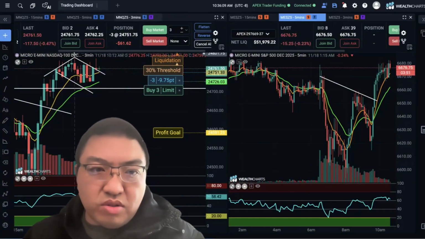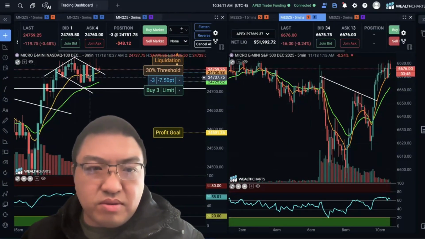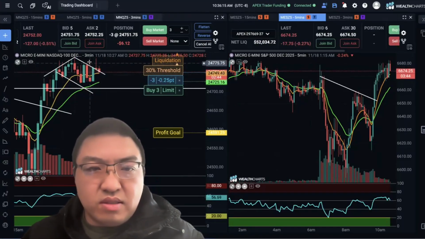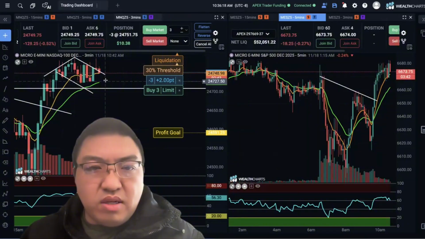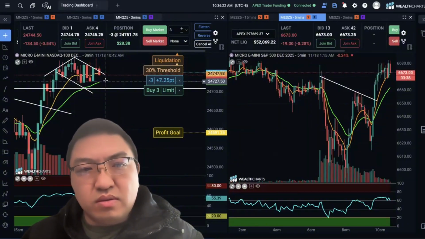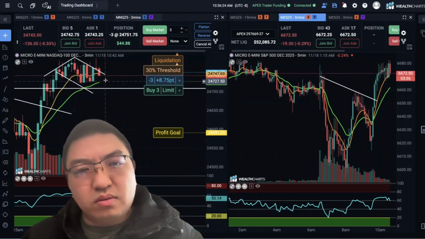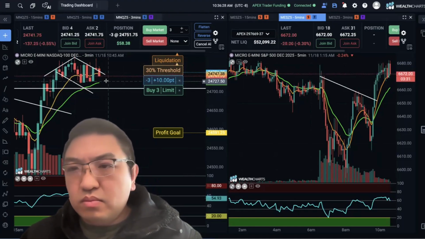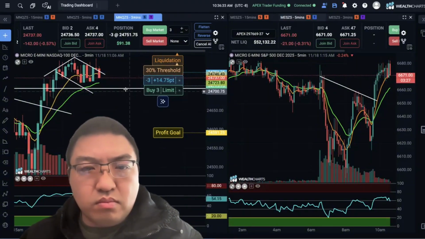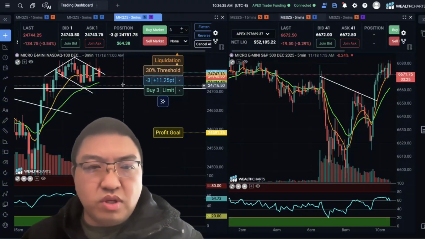Again, long rejection line shows the seller is defending. Get to here and I'll quit the trade. See if you can get here.